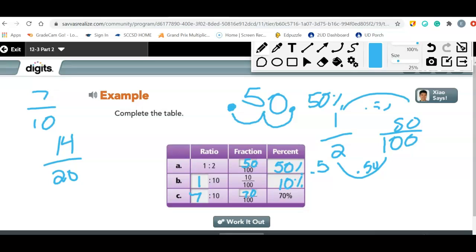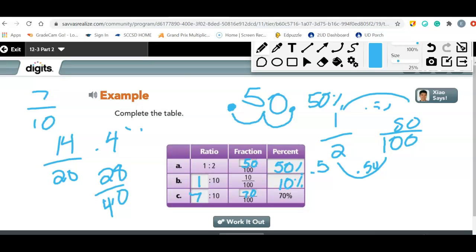Harker. 28 over 40. Say one more time. 28 over 40, multiply by 4. Got it. Another one. Tom. 63 over 90, multiplied by 9.